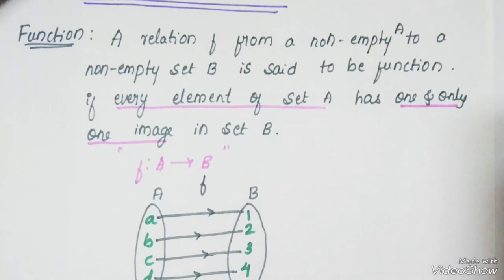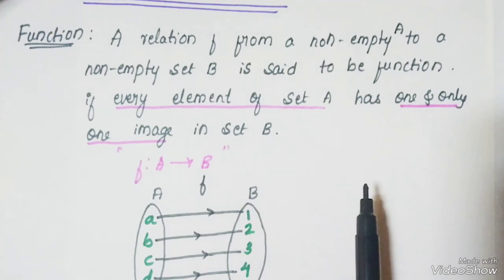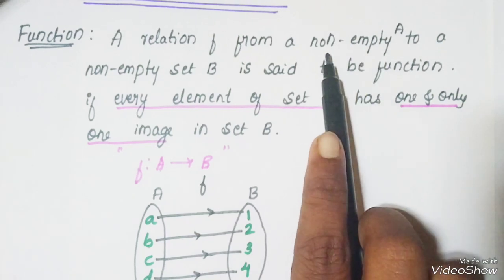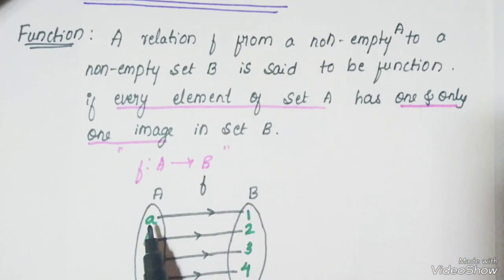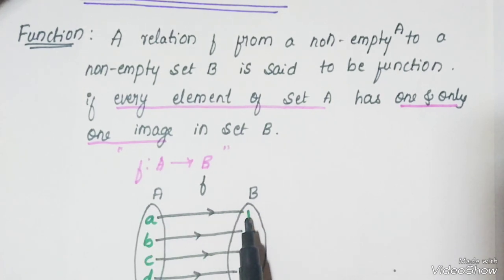Okay, here we say that it is a function. The definition says that every element of set A, that is a, b, c and d, these four elements are related with one and only one image.